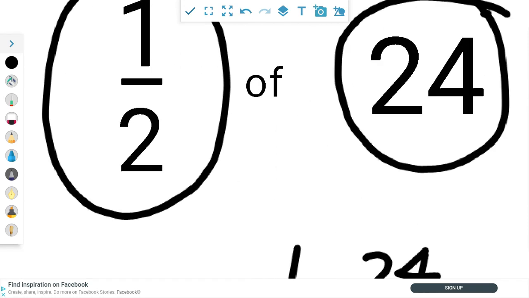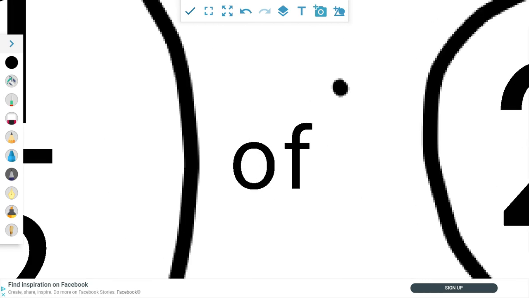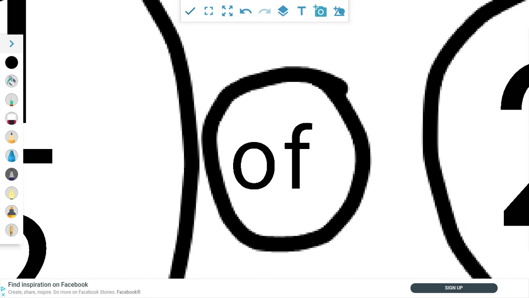We've spotted something over here though, this little buddy over here, of. Now what is of in math? In English, of is a term that you use in your sentence in order to describe something, like Game of Thrones. Now what is this game all about? Well, it's based on thrones.